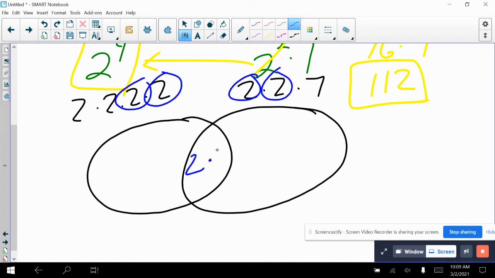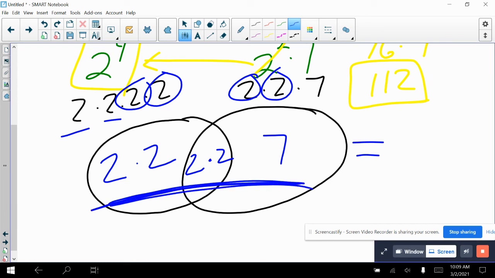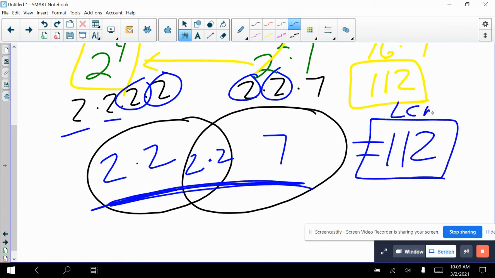So what goes in the middle? 2 times 2. That's what they share, right? Okay, over here, what they don't share is you have another 2 and 2. And over here, you have a 7. And when you multiply all of those together to find the LCM, you get 112.